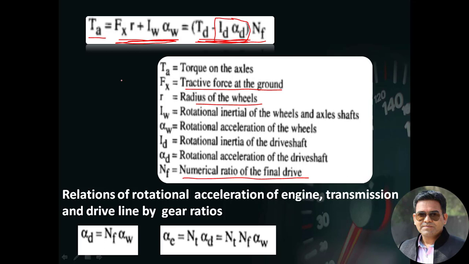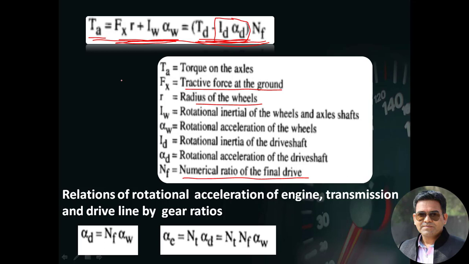And this is the rotational inertia, in terms of rotational inertia Iw and alpha w, the additional torque which is assisted by the wheel itself. So a total equation we can write in this form.